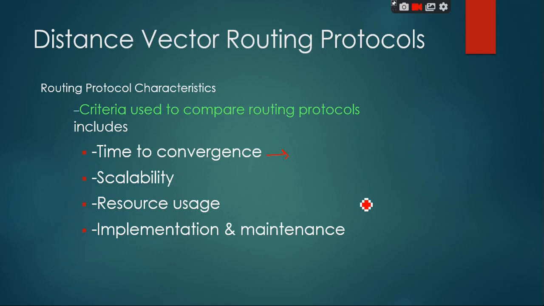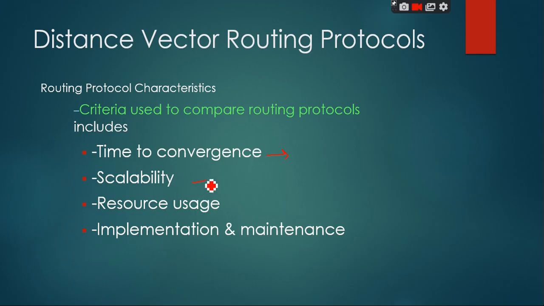That takes some time, isn't it? The time taken for the routers to completely understand or share all of their routing information is known as time to converge. So we are looking for a routing protocol where time to converge is lower, because if it takes a long time for them to learn about these routes, within that time period there might be problems.